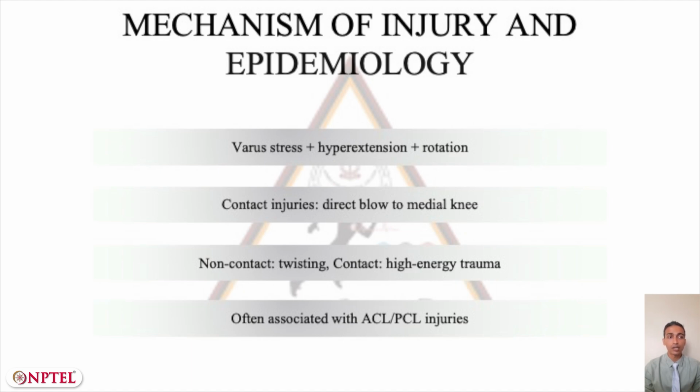Contact injuries are common in sports like football when the medial aspect of the knee is struck either with an object or on collision with an opponent. High energy trauma, such as motor vehicle accidents, also can cause these injuries. Importantly, LCL and PLC injuries are often associated with ACL or PCL tears, making the diagnosis challenging.